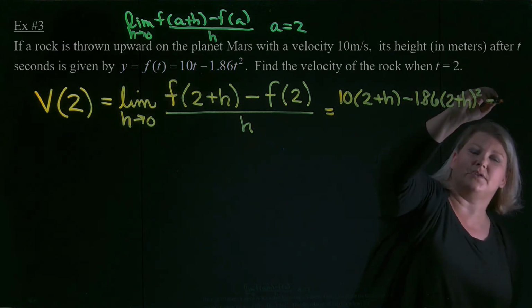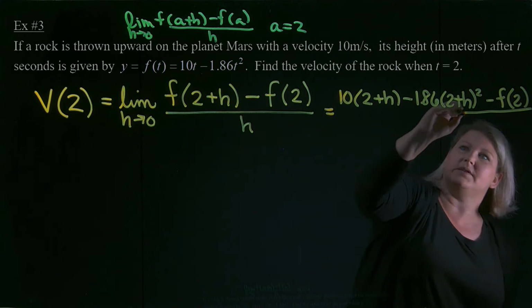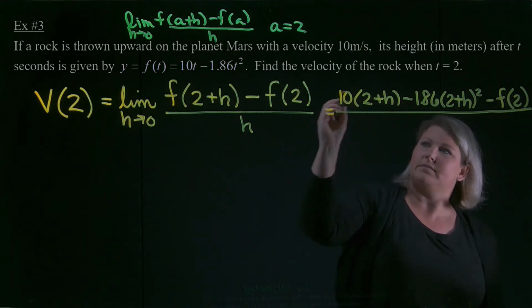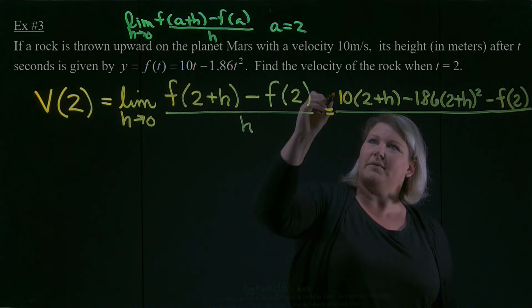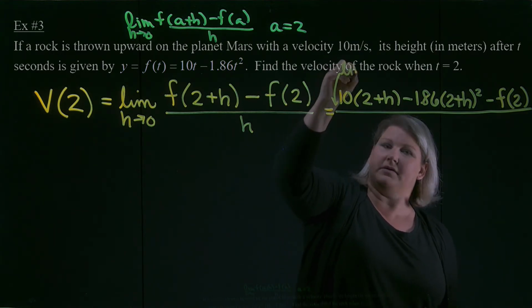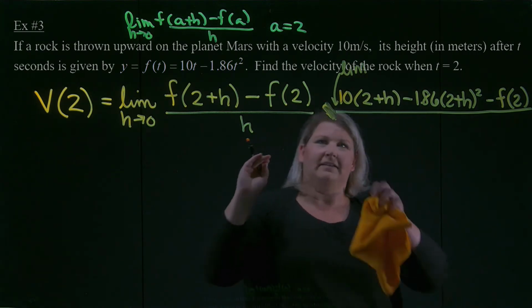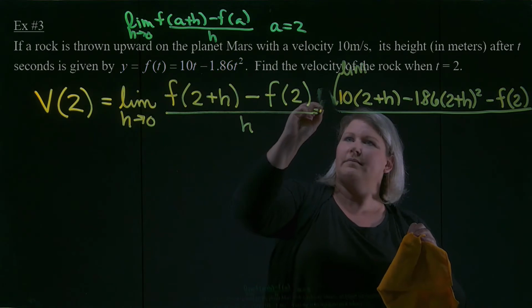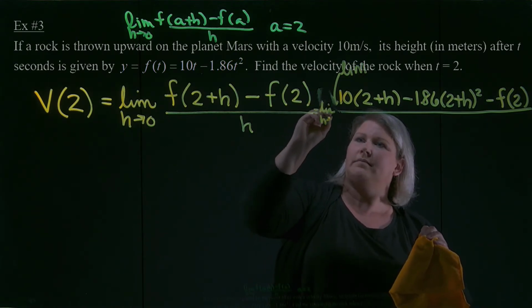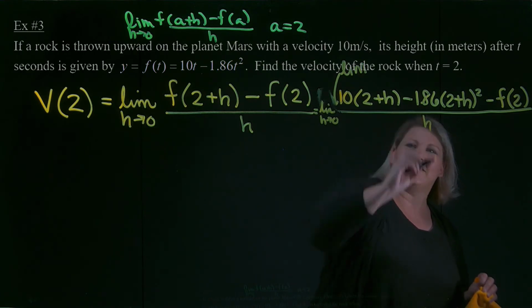I'm just going to write in f of 2 for the moment. Don't forget your limit statement. I almost did. I'm going to squeeze it in here with a little arrow. There we go. All over h.